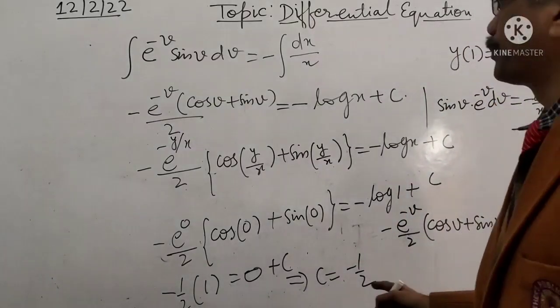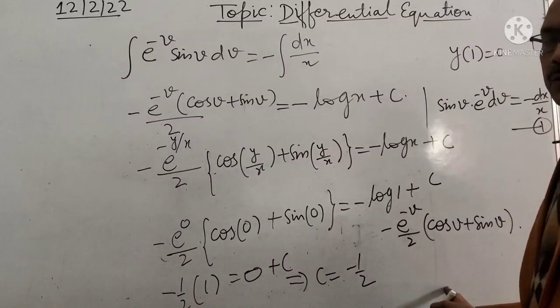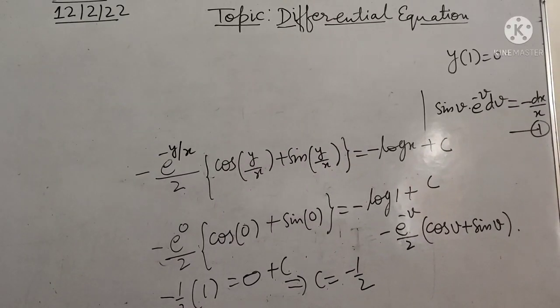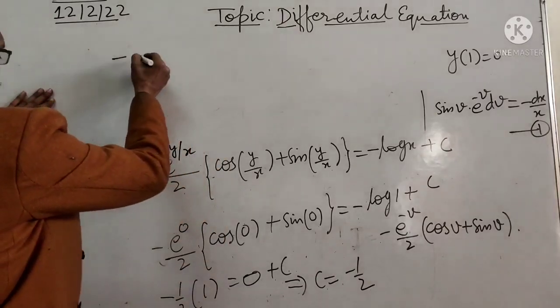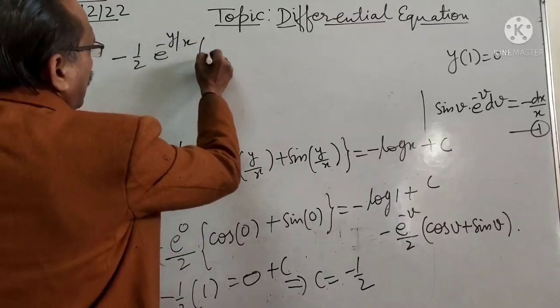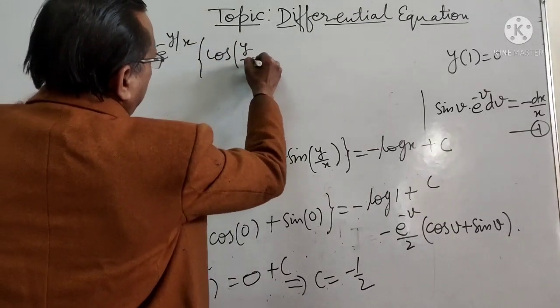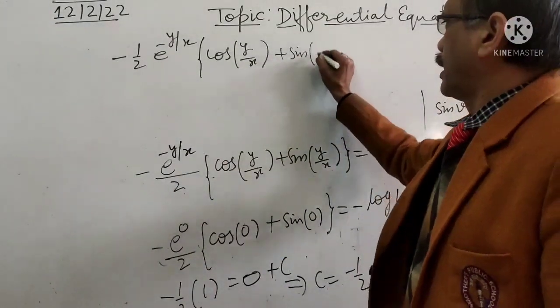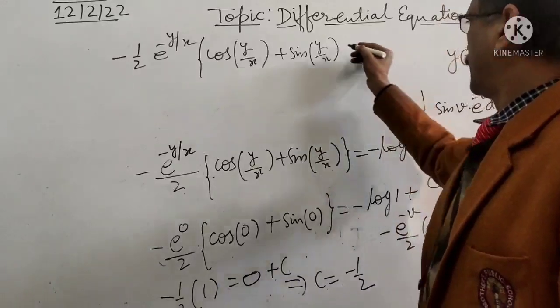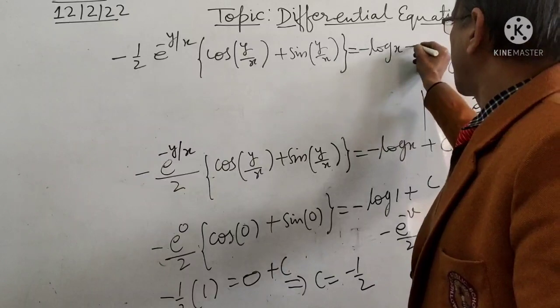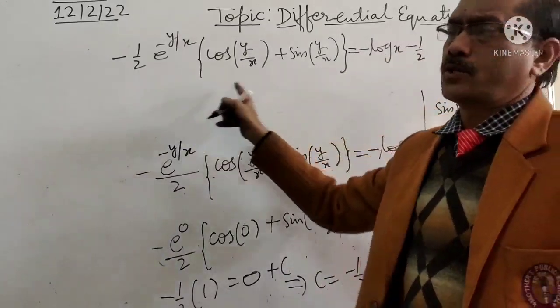Therefore the solution of the differential equation is minus 1 by 2 e power minus y upon x, cos y upon x plus sin y upon x is equal to minus log x, and c is minus 1 by 2. So here the minus sign is common and cancels off.